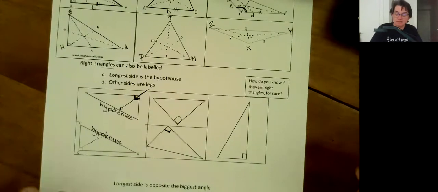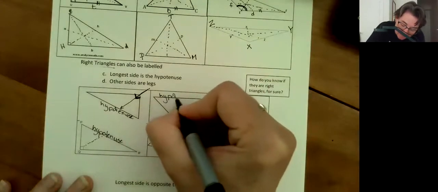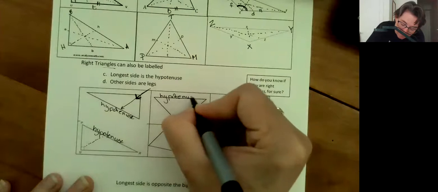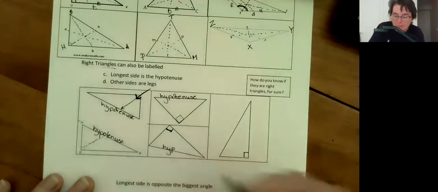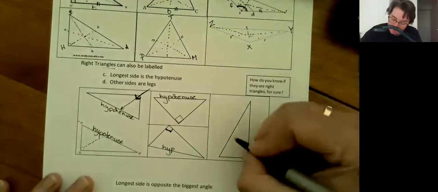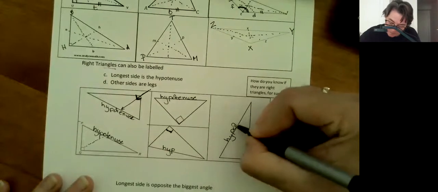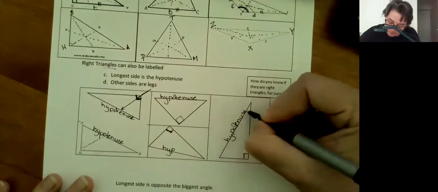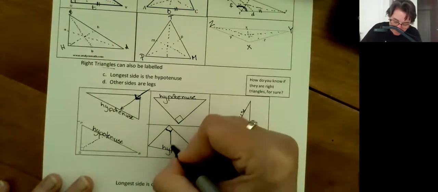Not particularly hard, was it? And I'm even going to get lazy, because 90% of the time I just write hyp, because hypotenuse is a long word. The same thing here.